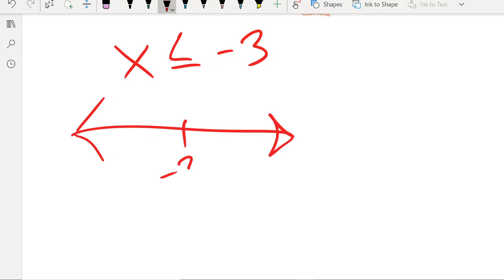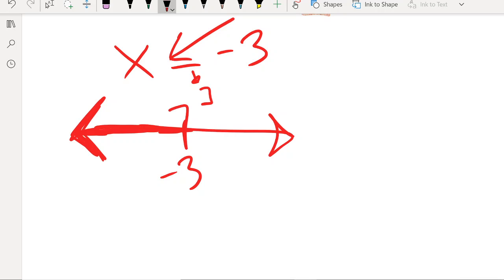Step 2, put the number on it. Step 3, make an arrow out of it. Step 4, shade in that direction. Shade to the left, the arrow's going to the left. Then you put either a closed circle or a bracket because it's the equal. And there we go, that's it.